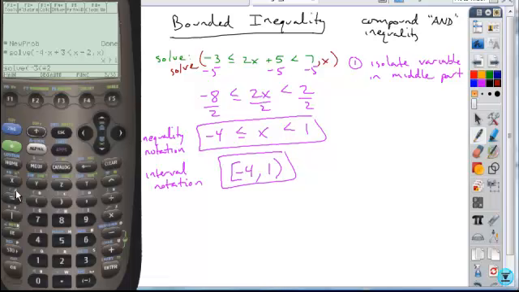And then type your middle expression, 2x plus 5, and then less than, and then type your last expression, 7, comma, x. And then if you hit enter, notice mine says missing a parentheses. That just means that it's not going to calculate it for me. Again, you need the most up-to-date operating system for that.